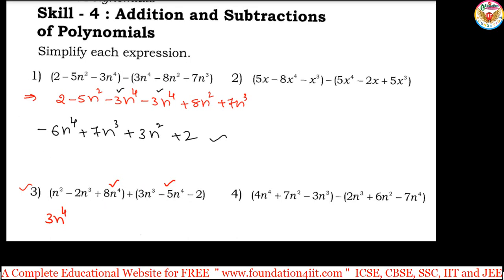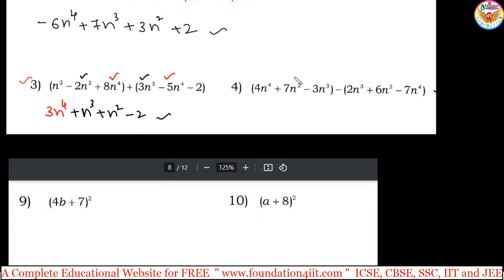Next, n cube minus n plus 3 minus 2 plus 3, so plus 1. That means just n to the power 3. Next, n power 2 is only 1, plus n square. There is a minus 2 remaining. Only like terms we need to add. We can use the same approach and continue the same pattern for the remaining problems. Okay, let's go to the next method.